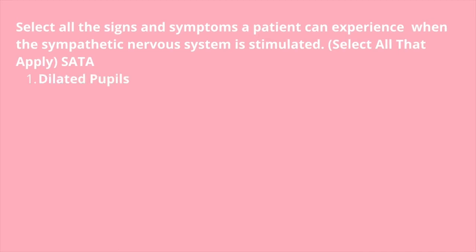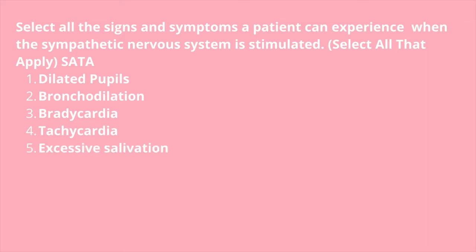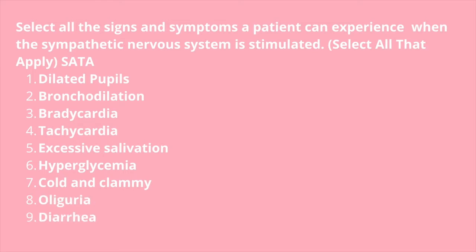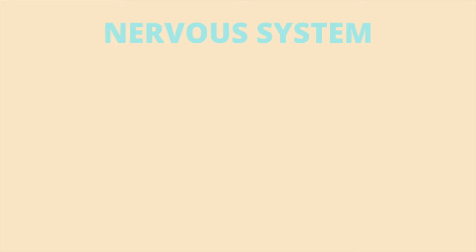The choices are: 1, dilated pupils; 2, bronchodilation; 3, bradycardia; 4, tachycardia; 5, excessive salivation; 6, hyperglycemia; 7, cold and clammy; 8, oliguria; 9, diarrhea. So let's answer this question after the review.